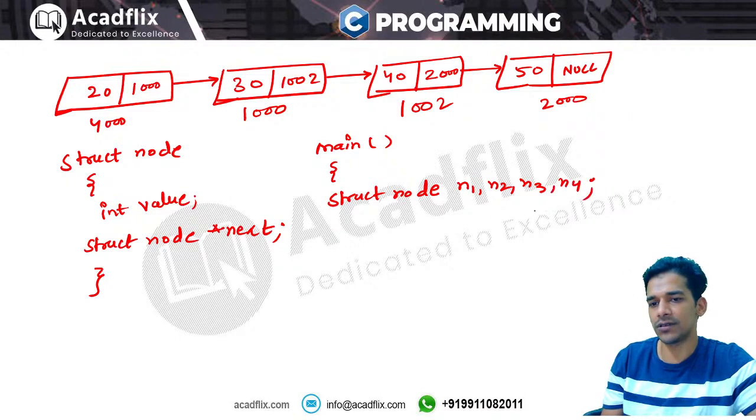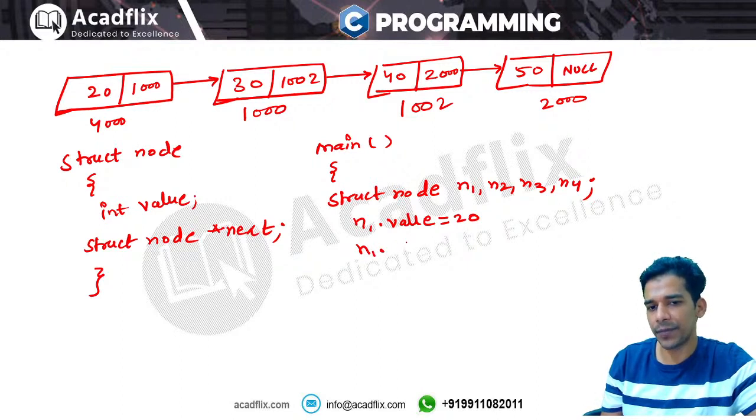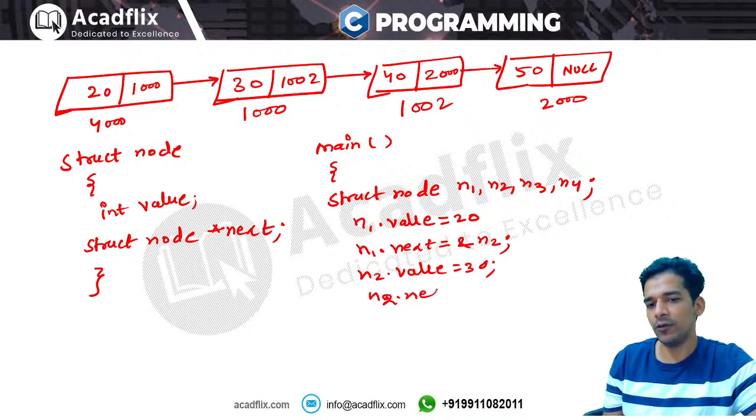The value of n1 node is 20, and the pointer of n1 node, n1 dot next, is having the address of node 2, right? We can say n2 dot value is equal to 30, and the address part of n2, n2 dot next, is n3, right? It is pointing to the node n3. Like this we can make a static linked list.